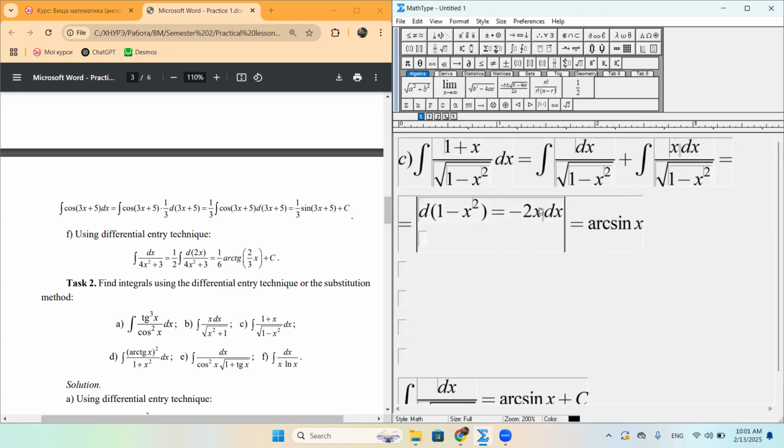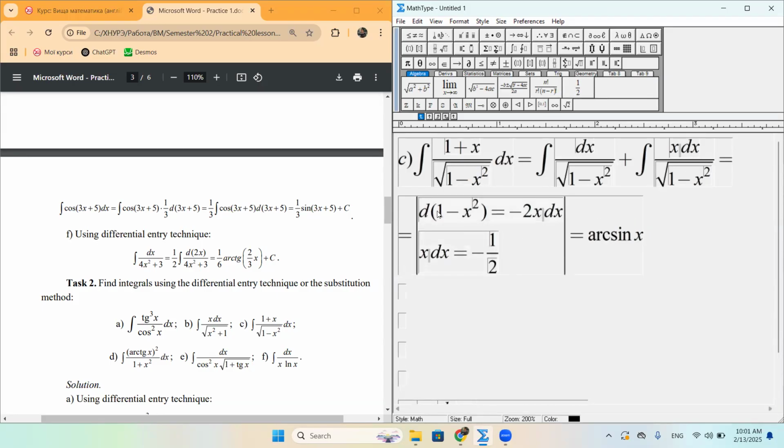And this expression will be equal to minus 1/2 of this, again not to break the equality.